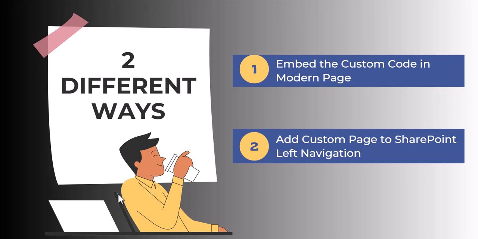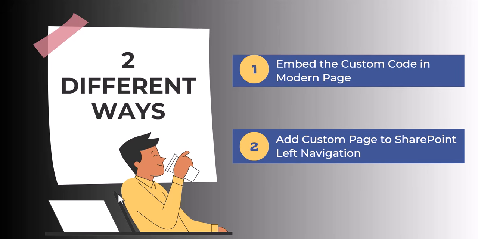Before going forward, let me tell you, whenever you are going to use the custom code, in such cases SharePoint doesn't provide any out of box web part. So we need to either embed, or we can see different approaches for it. In this video I will tell you both the scenarios and how they work.